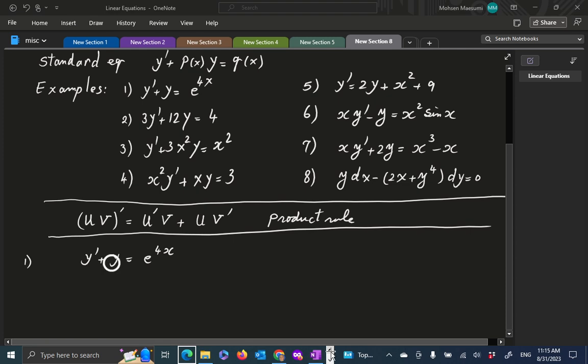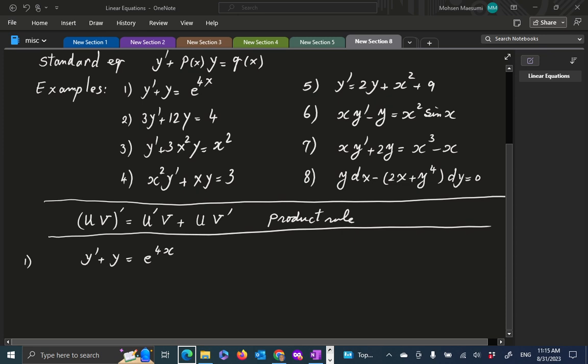So the question we are facing is, what's going to play the role of v and v prime? Well, we don't know, and all I see here is just a 1, and of course the derivative of 1 would have been 0, it wouldn't work.